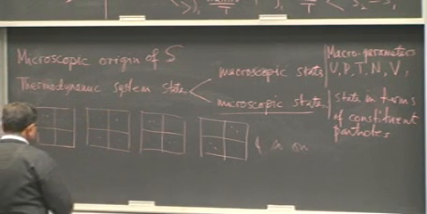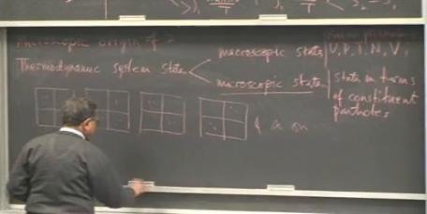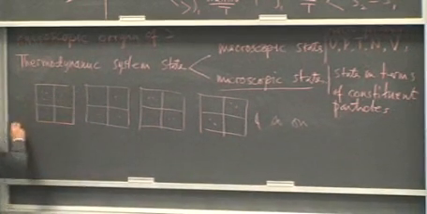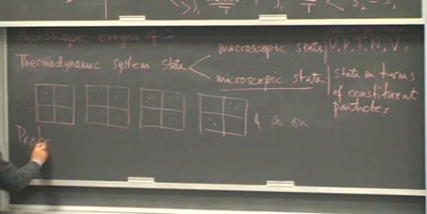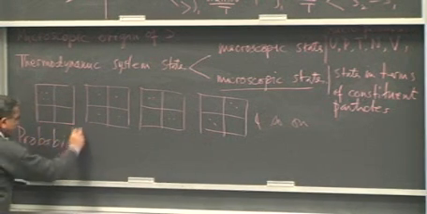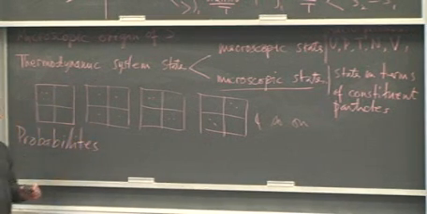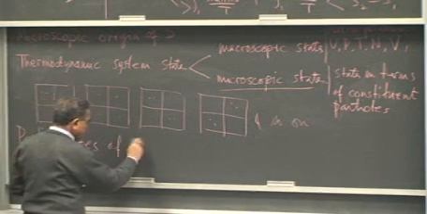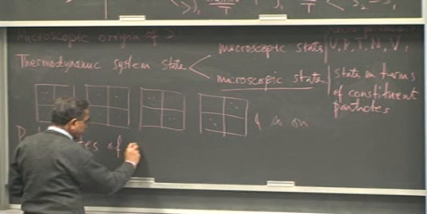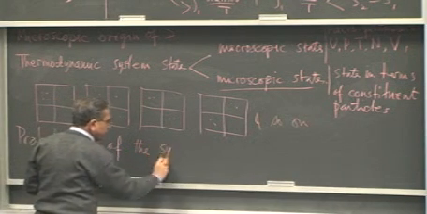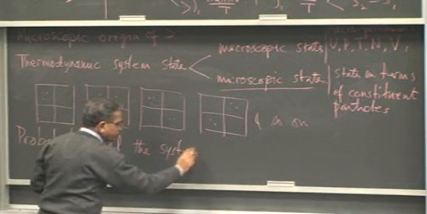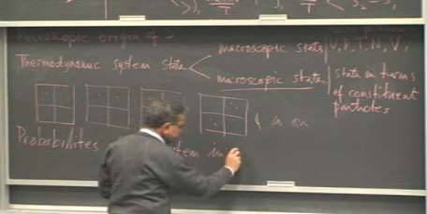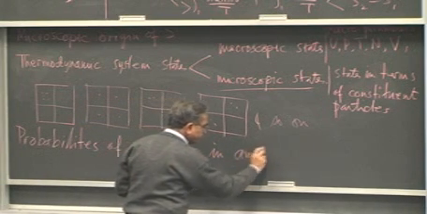And what you do then is calculate the probabilities of the system being in any one of these states.